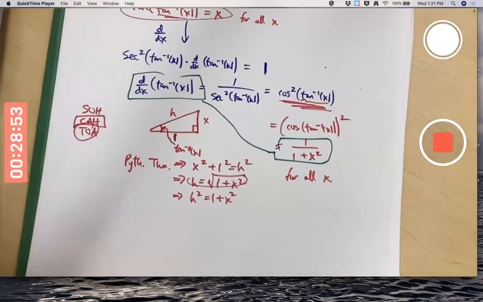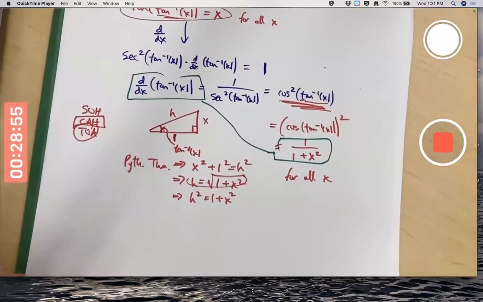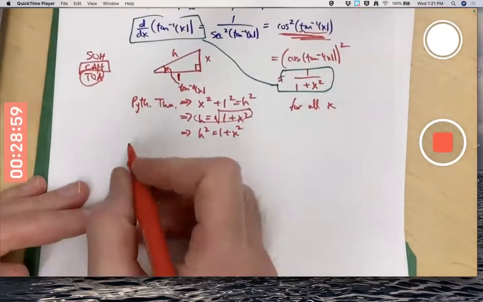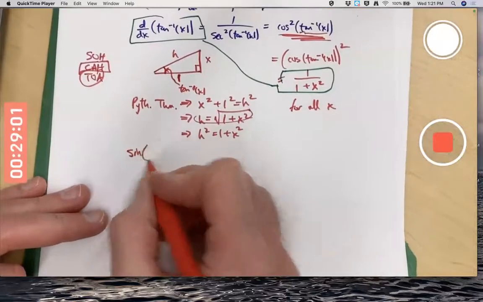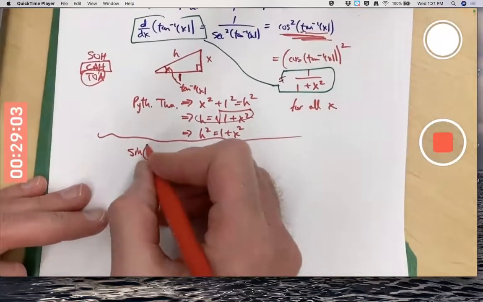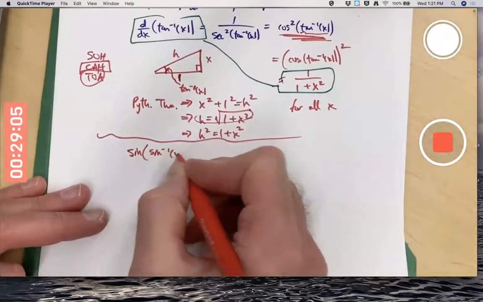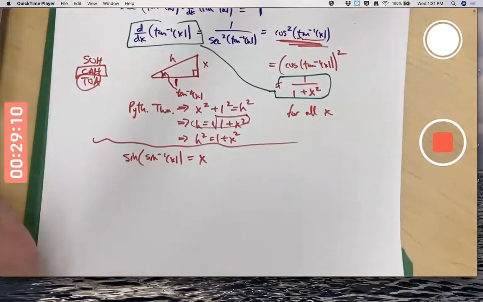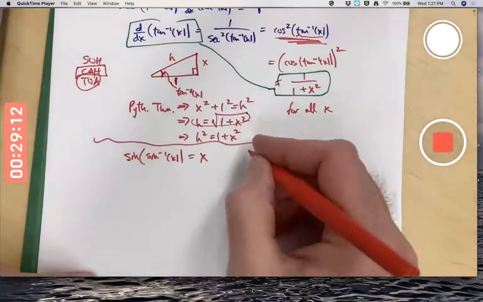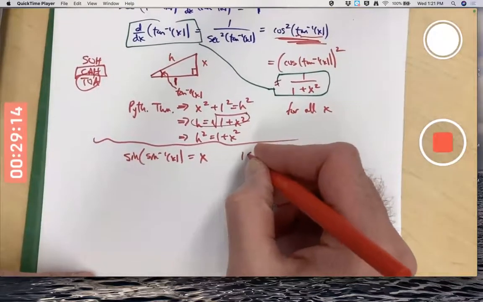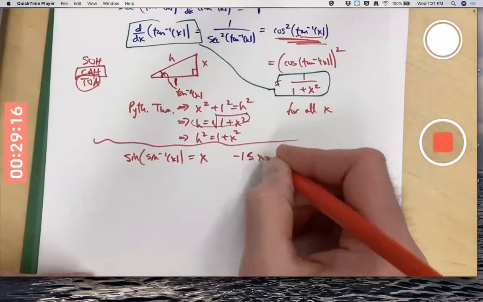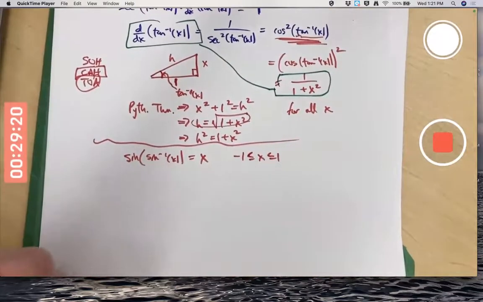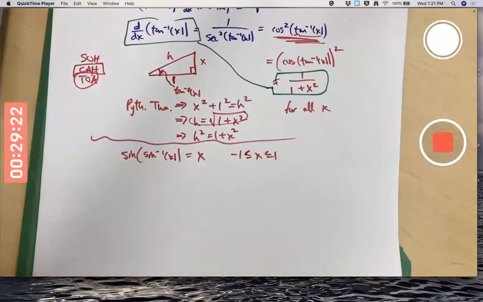We could keep going. What about the derivative of the inverse sine function? We'd want to use this property: sine of inverse sine of x is x. However, it is trickier. This is only true when x is strictly between -1 and 1, or possibly equaling the endpoints, for when this algebraic equation is true.